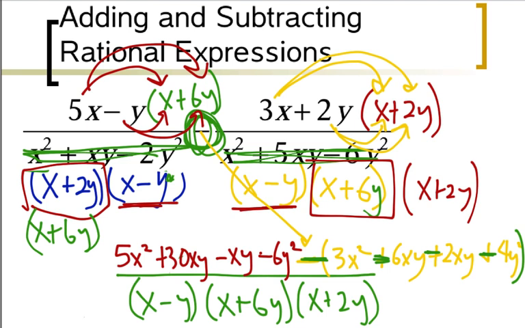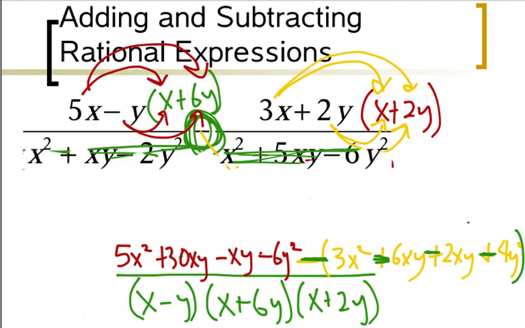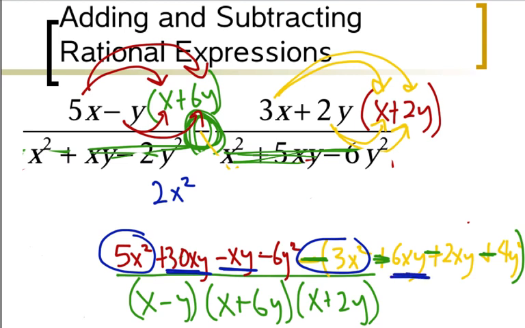I'm going to erase a little bit so that I have some room. Okay. And so you can see that I've got 5x squared and negative 3x squared, so that's going to give me 2x squared. And then I have my 30xy minus xy. It's going to give me 29, but then I've got 6 more of them over here, so now I'm up to 35, another 2 to get me to 37.